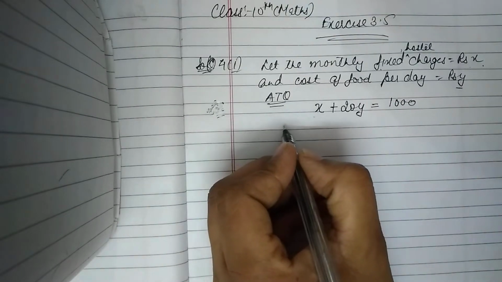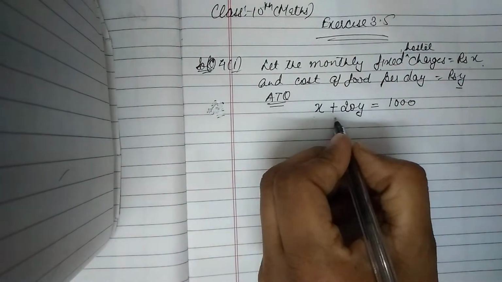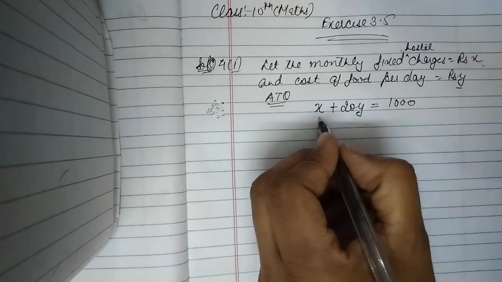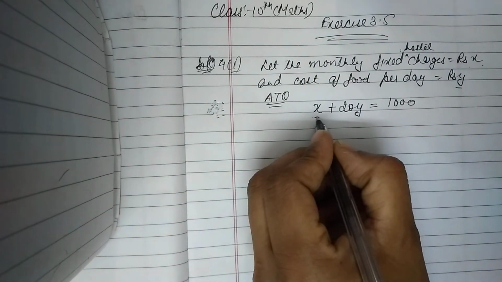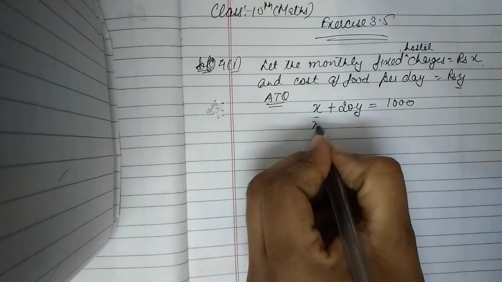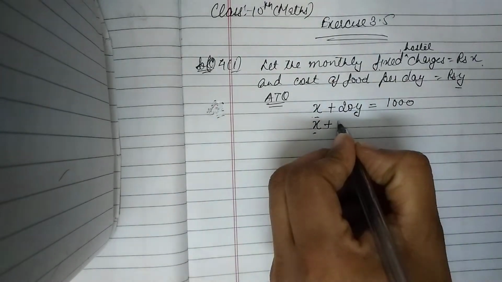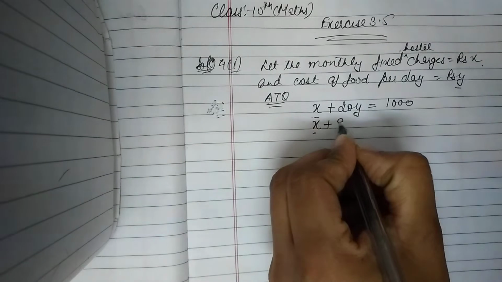Now in the second condition, another student B takes 26 days of food from the mess. Student B also pays the fixed charges, that is X, which is compulsory for all. Student B takes food for 26 days.